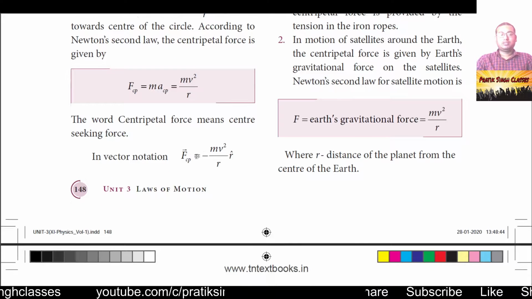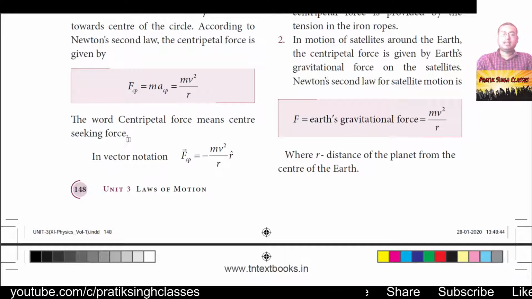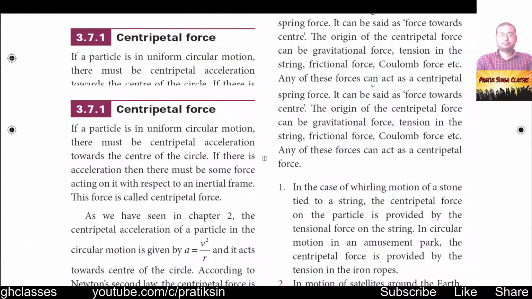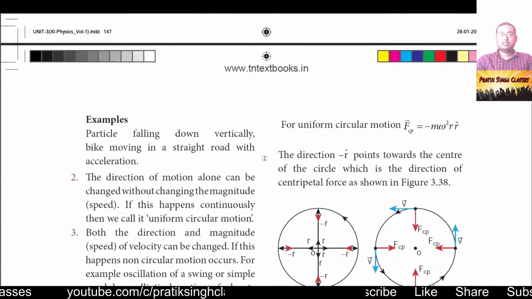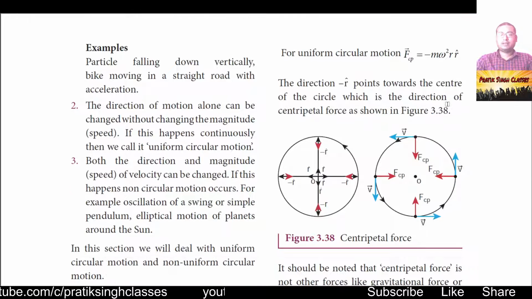So the word centripetal force means center-seeking force, or the force acting towards the center, and its magnitude is equal to mv square by r. In vector notation, we have Fcp is equal to minus mv square by r into r cap. For uniform circular motion, Fcp is equal to minus m omega square r into r cap.